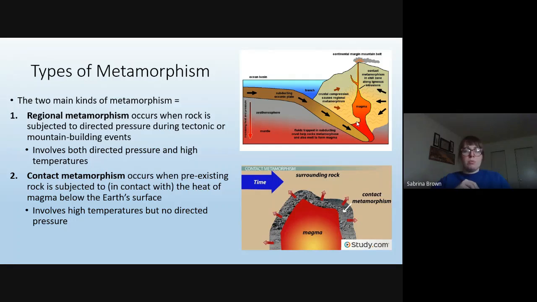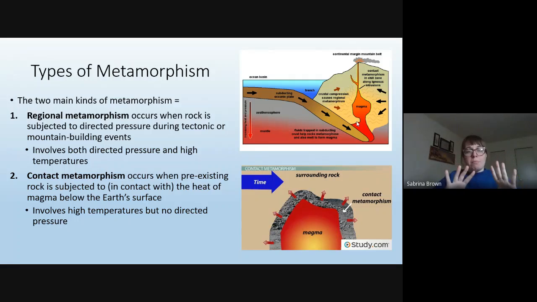And this occurs when we have some pre-existing rock, right? Some rock underground that is intruded upon, or a magma sort of pushes into this pre-existing rock.